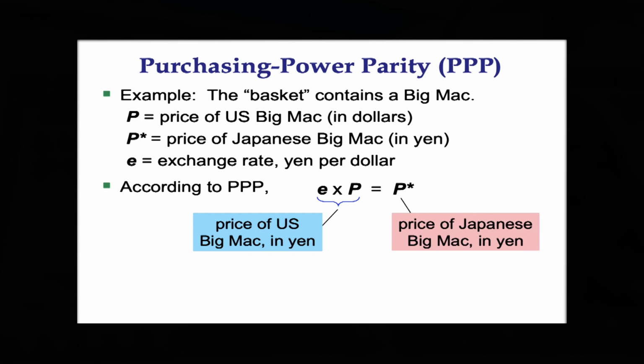That is, E into P is equal to P star. And thereby the quantities produced or consumed will be the same for every unit of the currency. So we solve for E and we get the ratio of these prices. So we can see that purchasing power parity means nominal exchange rates are equal at all places.